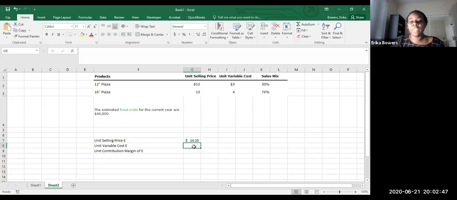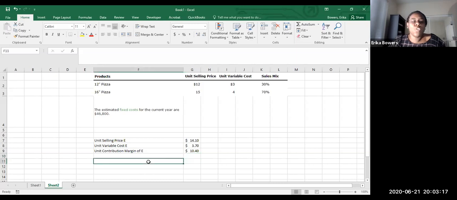Then we do the same for the unit variable cost. We take 3 times 30% plus $4, because that's the unit variable cost, times the sales mix of 70%, and we get $3.70. And so our contribution margin for E is this minus this, and it gives us $10.40.